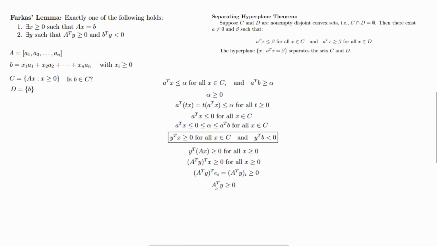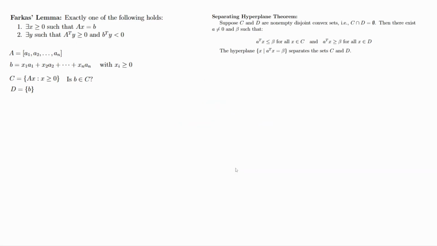That means we have the generalized inequality A transpose y must also be greater than or equal to 0. Combined with the fact that b transpose y is less than 0, we recover exactly condition 2 of Farkas lemma. So Farkas lemma is just a separating hyperplane theorem applied to cone C and to the point b.